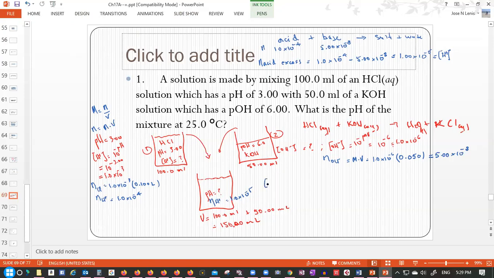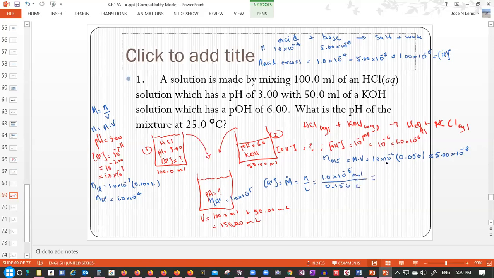So concentration of H plus equals molar concentration, right? So that's molarity. Equals moles over liters. The moles is 1.0 times 10 to the negative 5 divided by the volume. The total volume now is 150 mLs. In liters, that's 0.150 liters. So this is moles, this is liters.